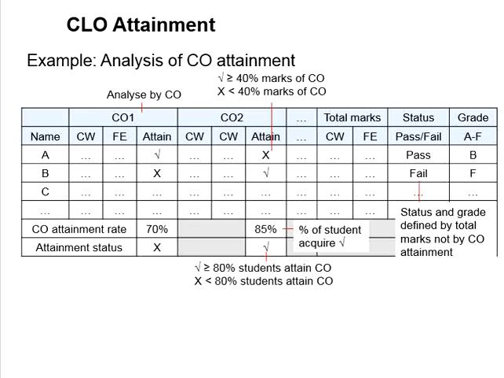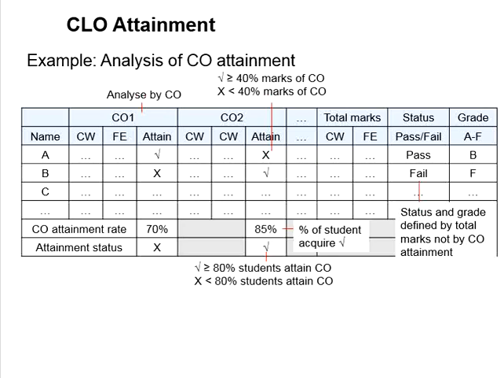It is possible for a student to score extremely well for certain COs, but not be able to attain certain other COs. The student can still pass the course. The factor determining whether the student passes or fails will be purely based on the marks.